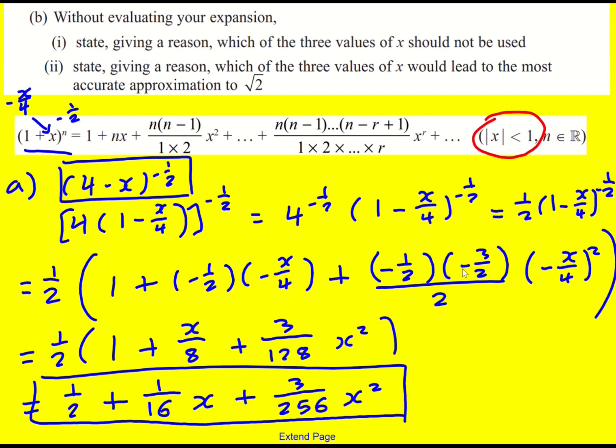Now actually, our x, remember, is not x, but minus x over 4. So our expansion is valid for the modulus of x over 4, you can ignore the negative, being less than 1, which means the modulus of x is actually less than 4, or x is between minus 4 and 4.